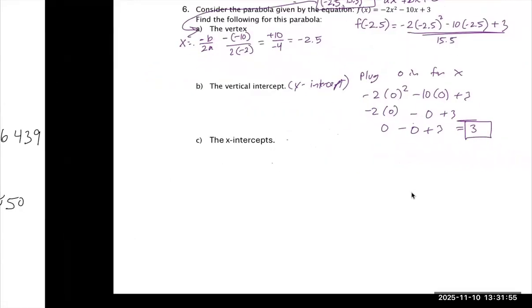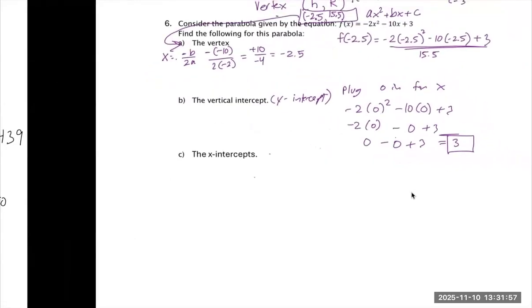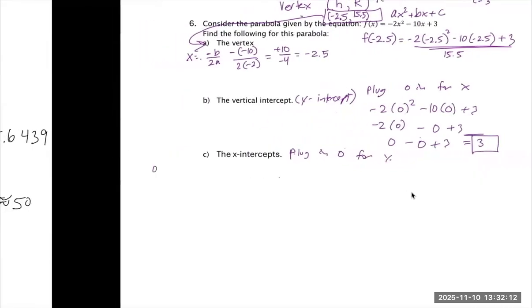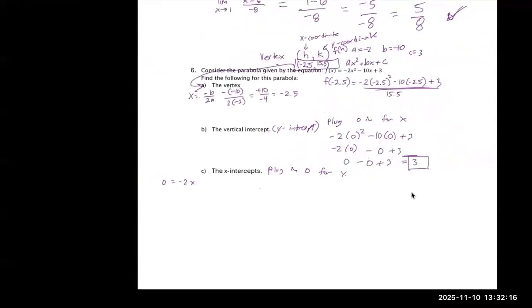Now the x-intercepts. So typically you would plug in 0 for y to find an x-intercept. And when we do that, we get this equation, 0 equals negative... see the equation up there.